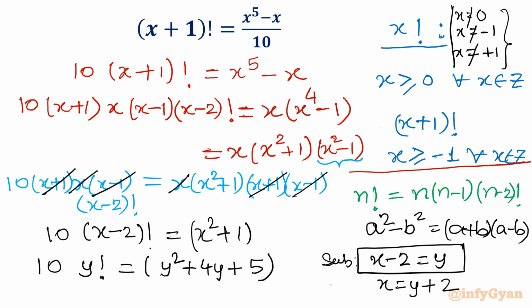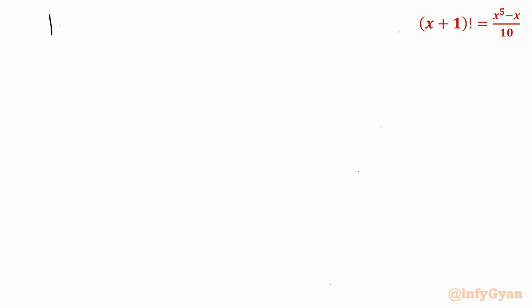Then added 1. So it will convert it, I have y square plus 4y plus 5. Alright. Let me write here y square plus 4y plus 5.